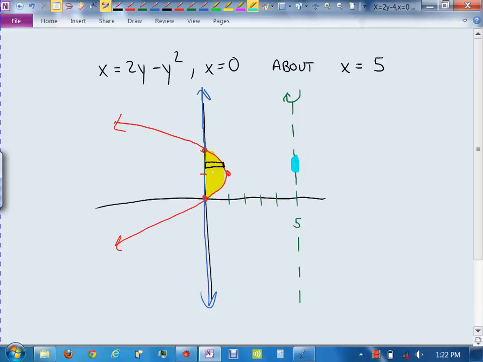I'm asking myself, what's the outer radius? X equals 0 is the outer function, but how far away is that from me? That's 5 units away from me, and it's always going to be 5 units away from me. So it's 5 squared. You see the major difference here?